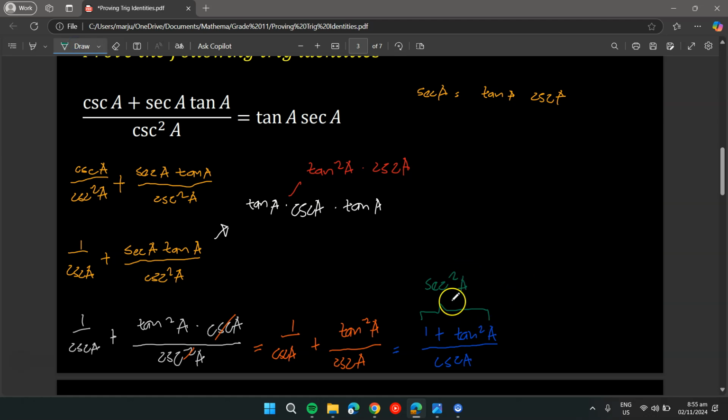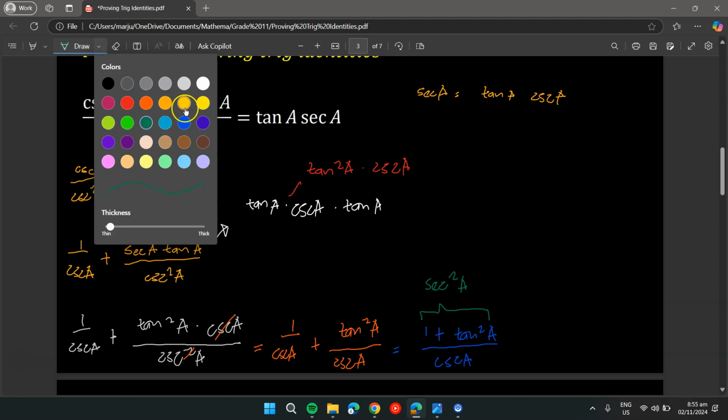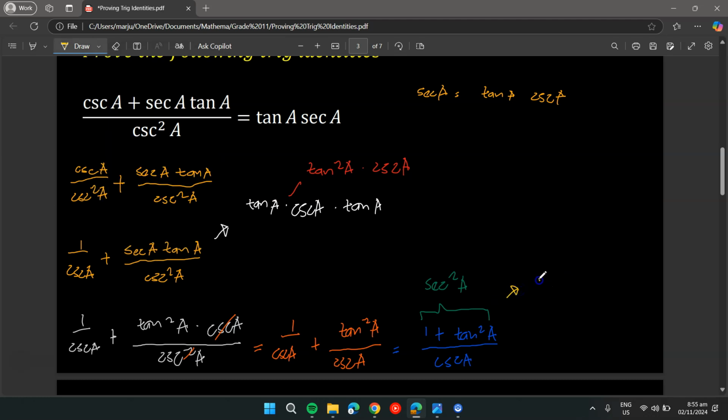Now, if I'm going to simplify everything, this is now secant squared of a over cosecant a.